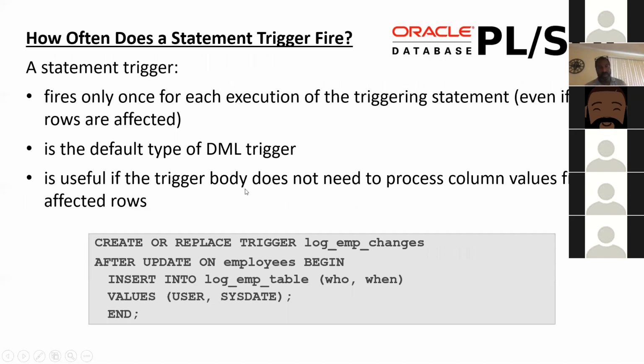So here's a little clarification. How often does a statement trigger fire? A statement trigger fires only once for each execution of the triggering statement, no matter how many rows are affected. The default type of DML trigger is a statement trigger, which is useful if the trigger body does not need to process column values.